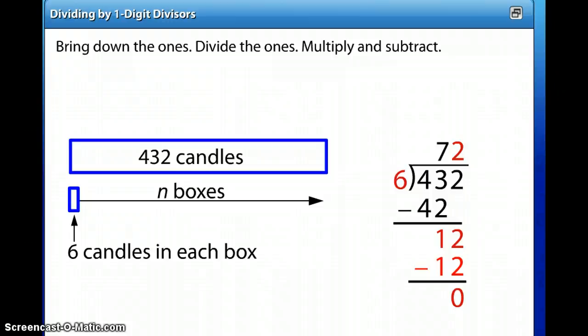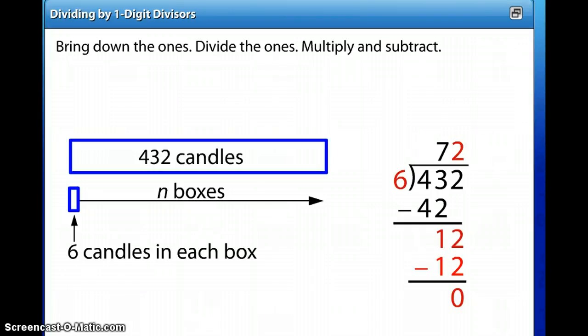We brought down the 2 and we have 12. Close, but turn it around. 12. Right.